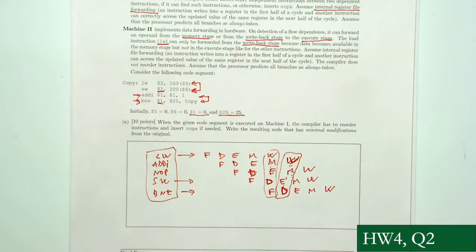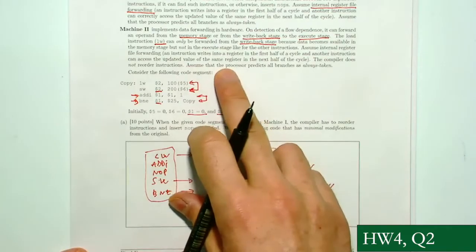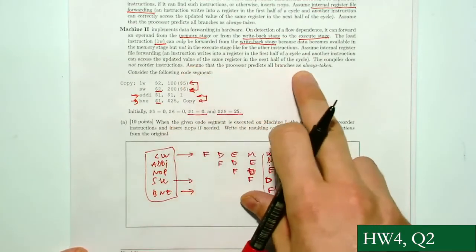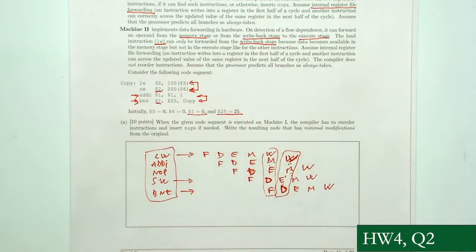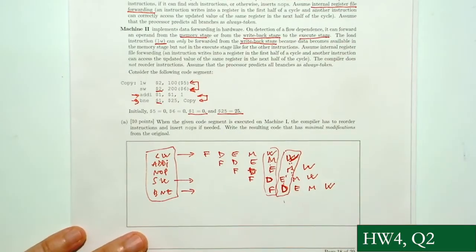So can I make an assumption? Yeah, of course, you can make an assumption. In this case, I'm assuming that you can resolve the branch. Here the processor predicts all branches as always taken. This is a very easy branch predictor, so you can always assume that it's always taken, so you don't have any extra latency here.